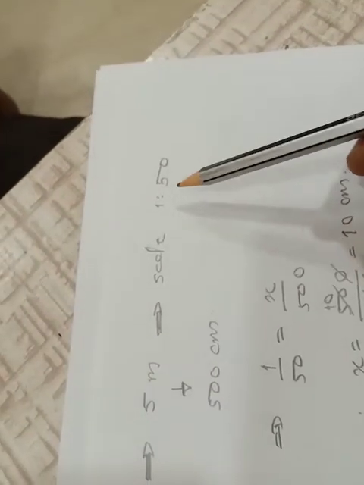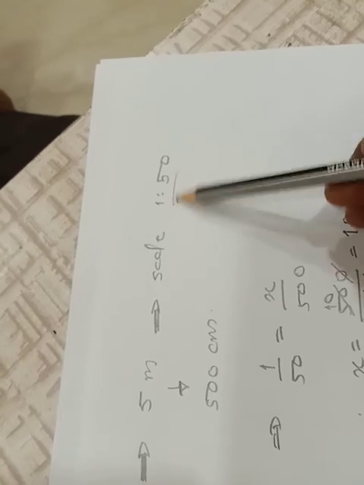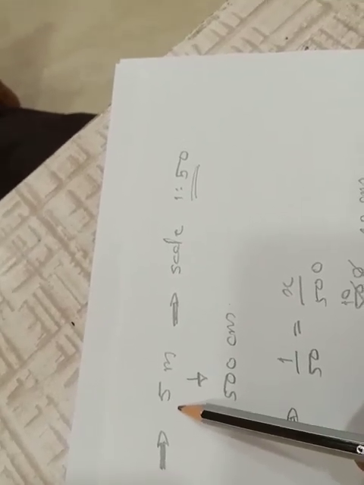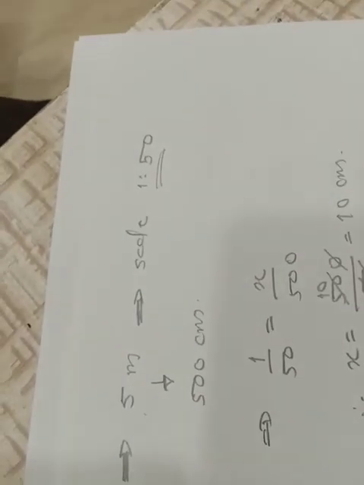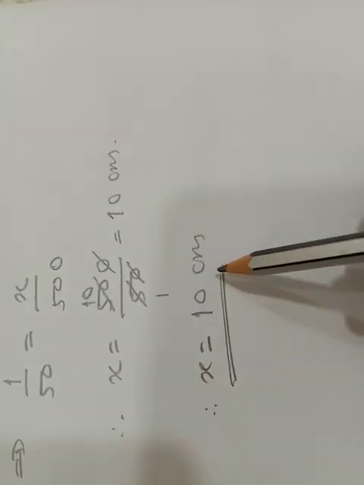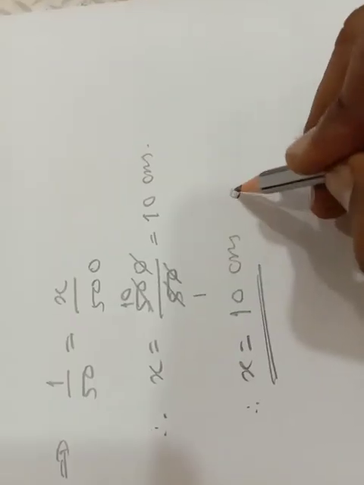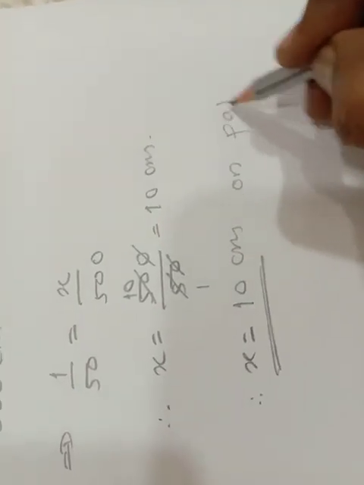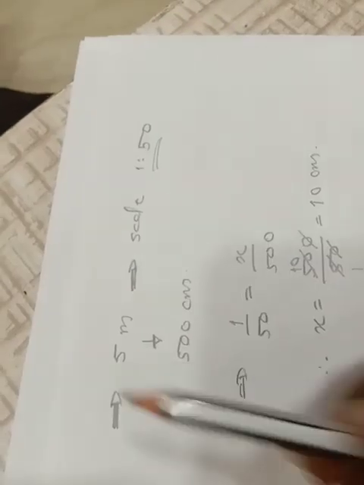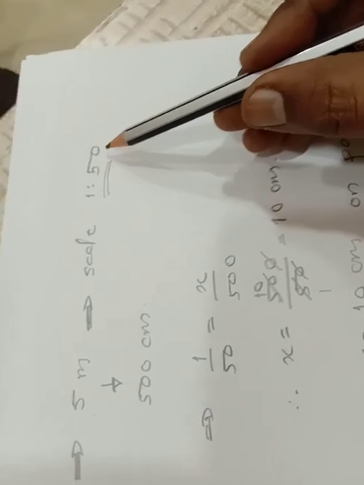Okay, by using a scale of 1:50, a 5-meter long line will be drawn as 10 centimeters on paper. A 10 centimeter long line you have to draw to represent a 5-meter long line by using a scale of 1:50.